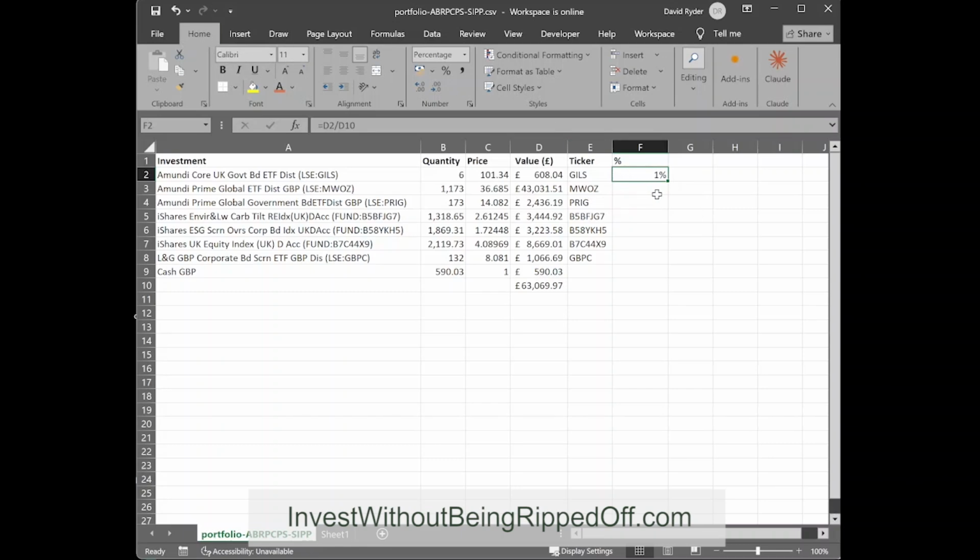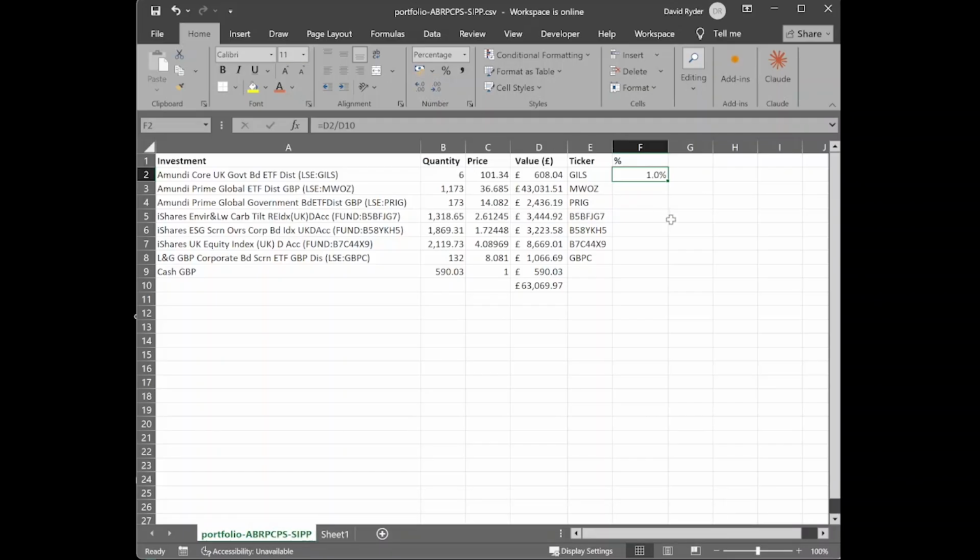Now that says 1%, which is all fine and dandy. I'm going to give that an extra decimal place, so one of these two, I always get those confused. Now, if you mouse over that square at the bottom right-hand corner of that particular cell and then drag it down, it doesn't make sense, because in this formula, in order to keep it as D10, you have to put a dollar there and then insert the dollar there.